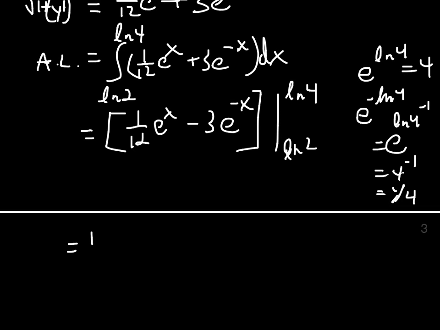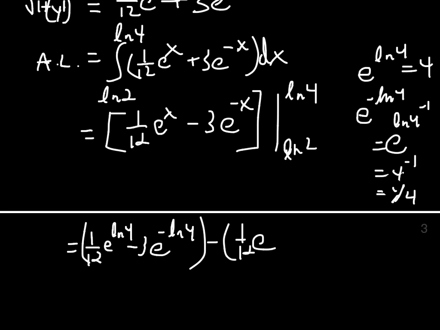So we have 1/12 e to the natural log of 4 minus 3 e to the negative natural log of 4, minus 1/12 e to the natural log of 2 minus 3 e to the negative natural log of 2.